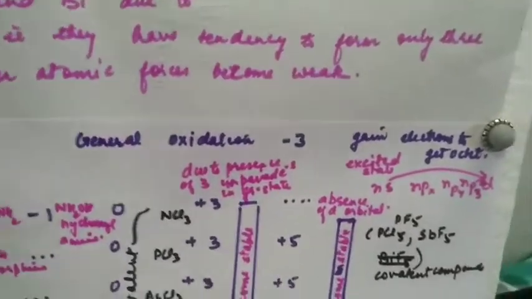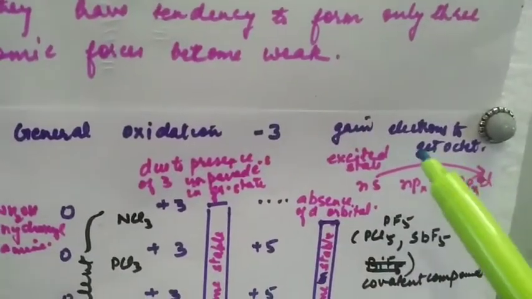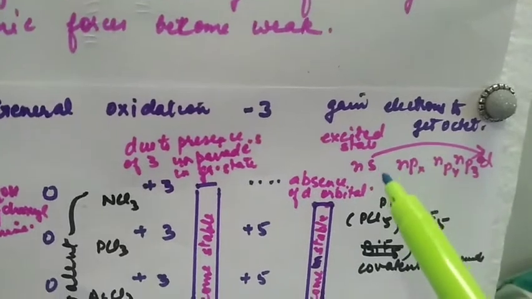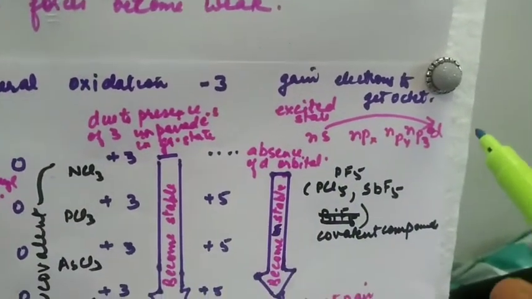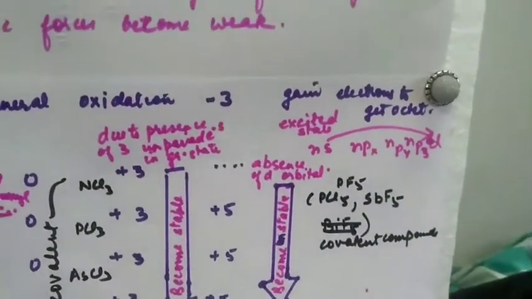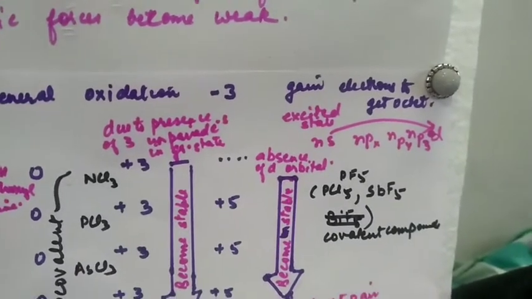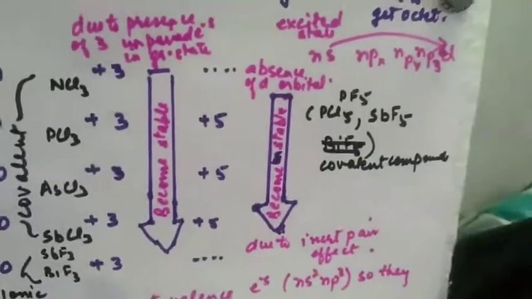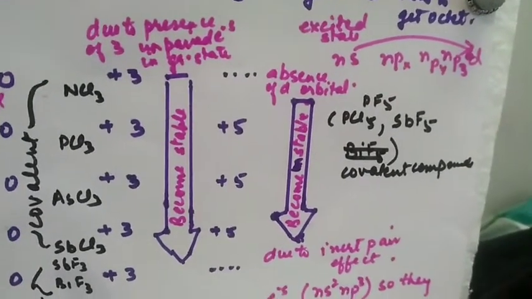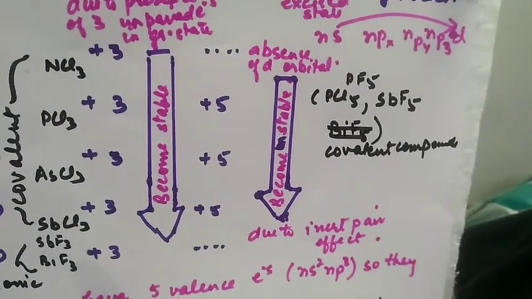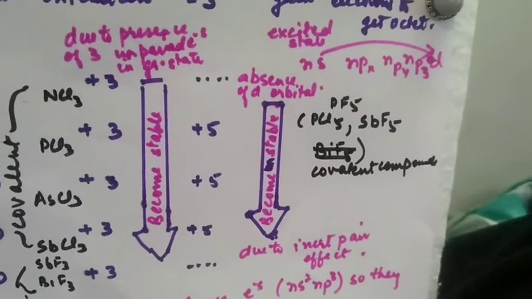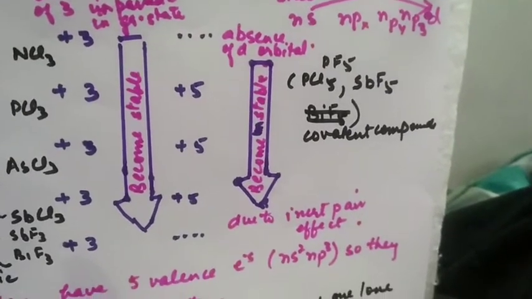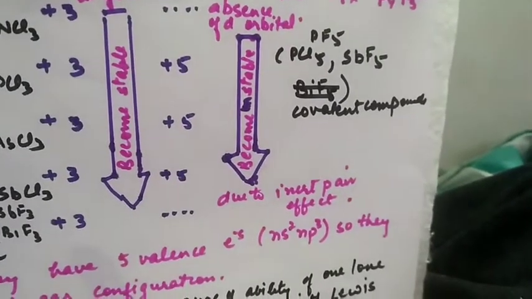They show +5 oxidation state when, in the excited state, an electron from s jumps to the d orbital, so 5 orbitals are half filled, so they can show +5 oxidation state. Compounds of these elements like PF5, PCl5, SbF5 are all covalent compounds.